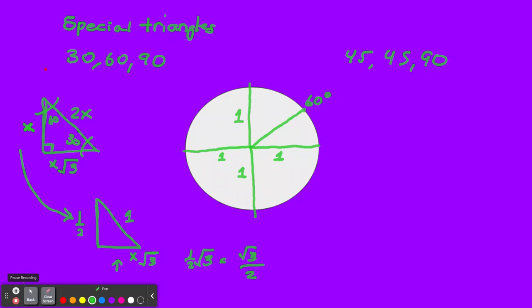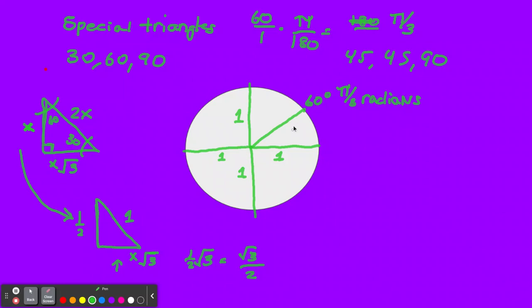Remember, like we did on the video, you just take the degree, 60, and times it by pi over 180. Sorry, you would get pi over 3. So 60 degrees is pi over 3 radians.